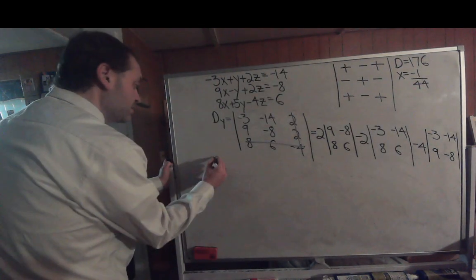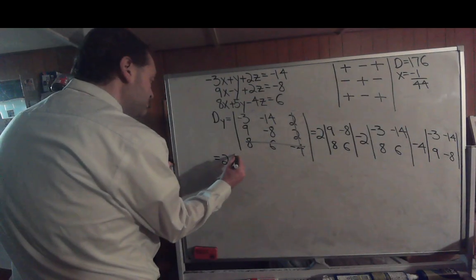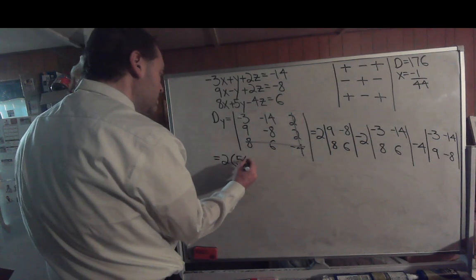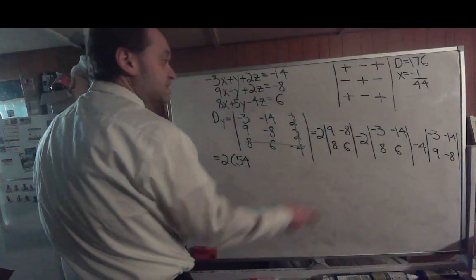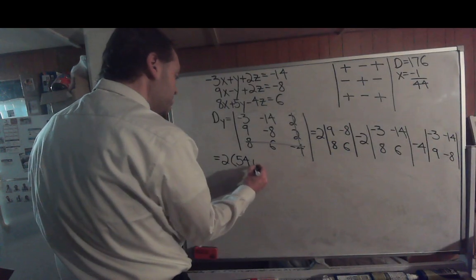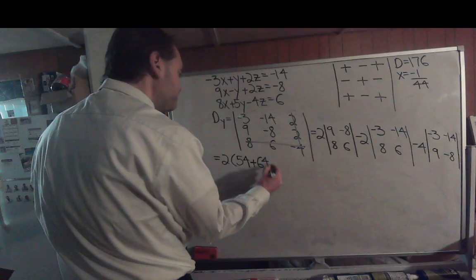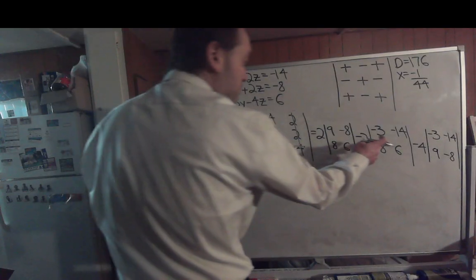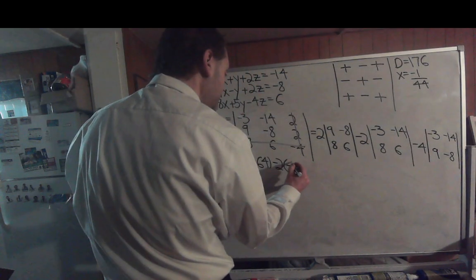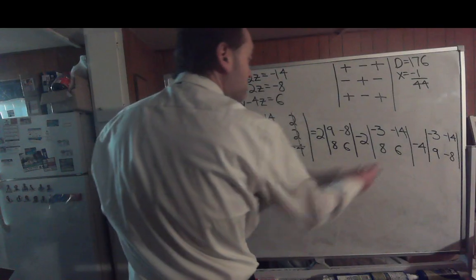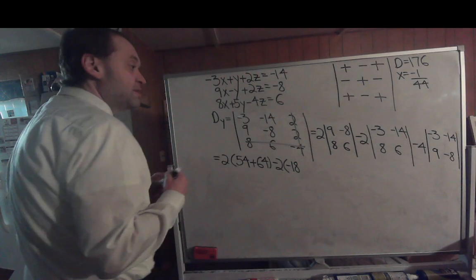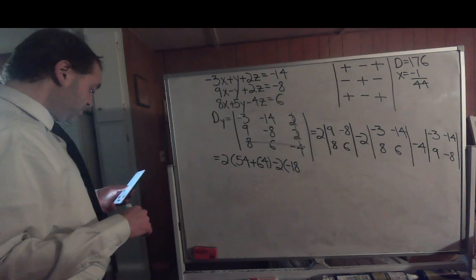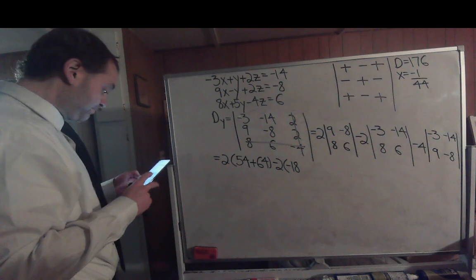Let's solve for them. So 2 times my first determinant, 9 times 6 is 54, minus 8 times 8, that'd be plus 64. Then minus 2 times the resulting determinant of this one, negative 3 times 6 is negative 18, minus 14 times 8, that'd be plus 14 times 8. Let me figure out what 14 times 8 is.